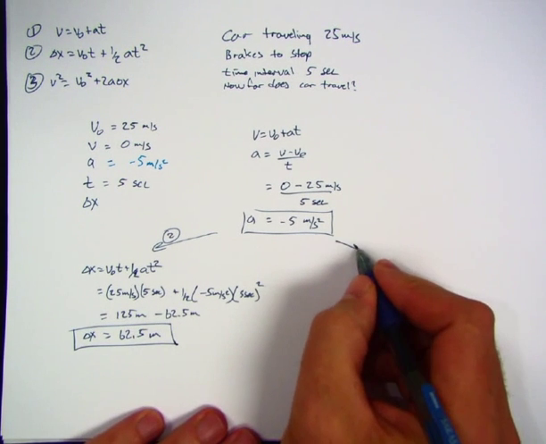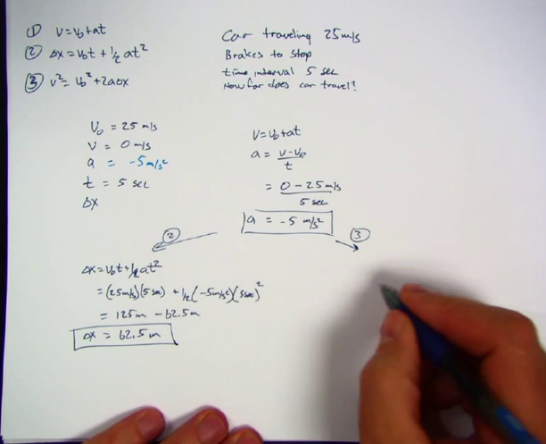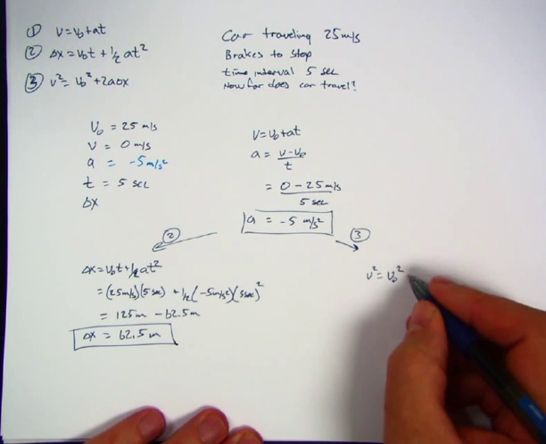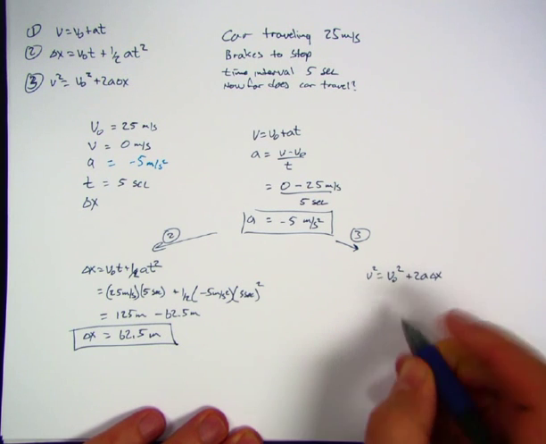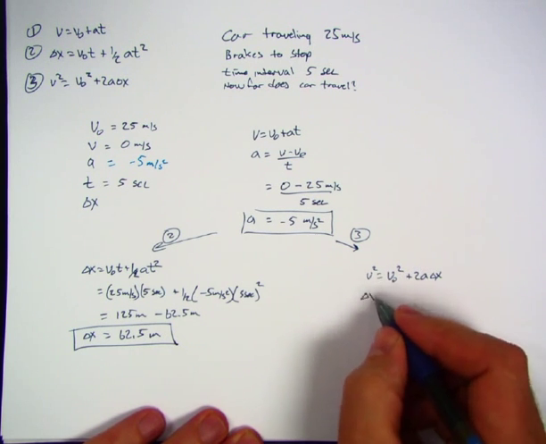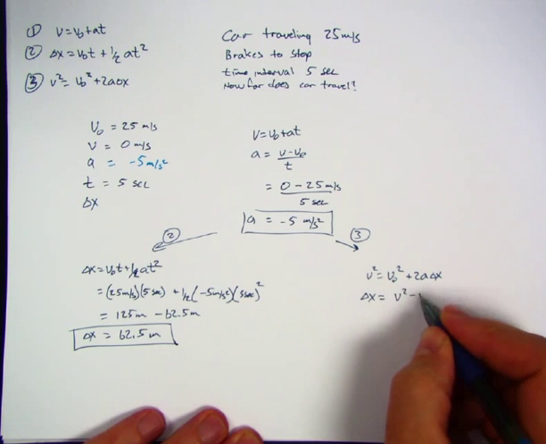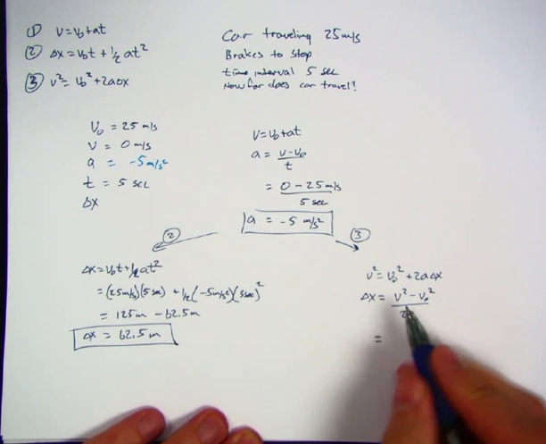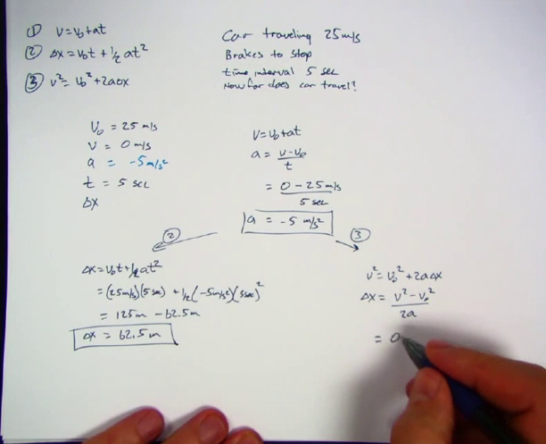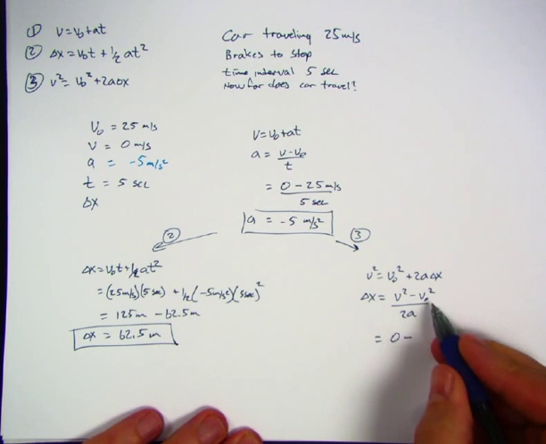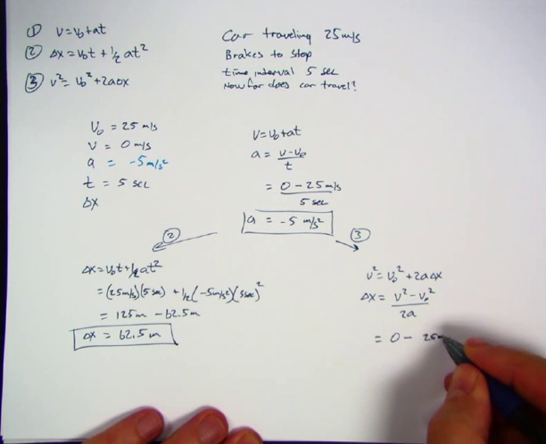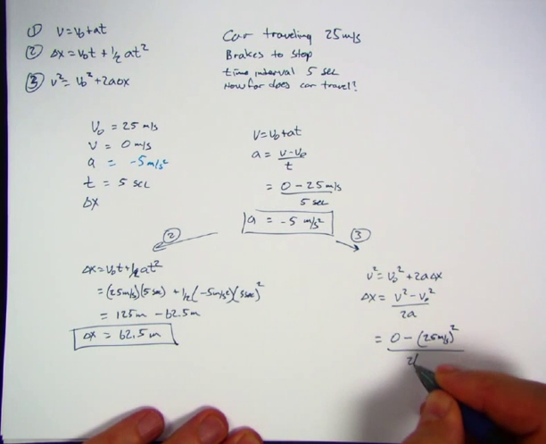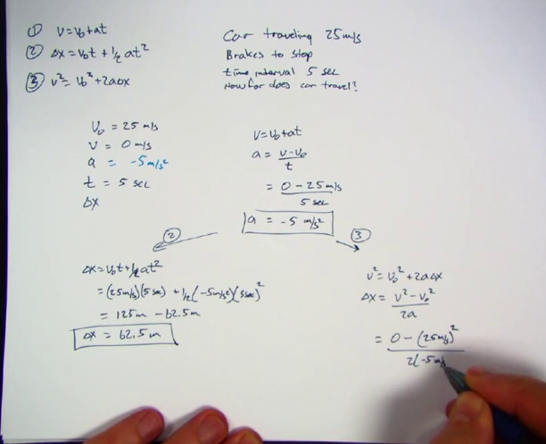What happens if we go over here and use equation 3? v squared equals v0 squared plus 2a delta x. I'm looking for delta x, so delta x is equal to v squared minus v0 squared all over 2a. So final velocity is 0 minus initial velocity, 25 meters per second, squared, all over 2 times negative 5 meters per second squared.